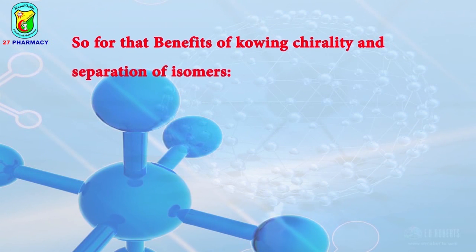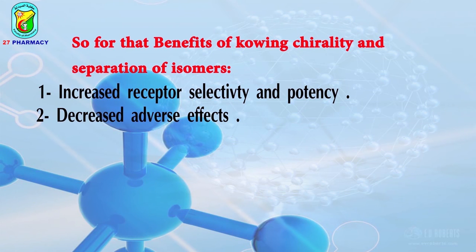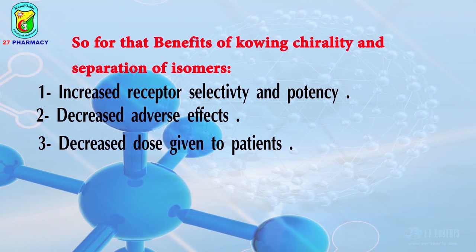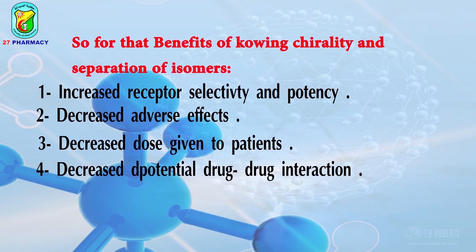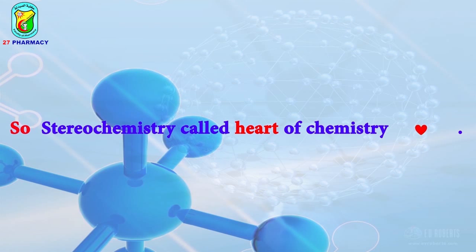The benefits of knowing chirality and separation of isomers are: increased receptor selectivity and potency, decreased adverse effects, decreased dose given to patients, decreased potential drug-drug interaction, increased safety margin, and high therapeutic index. So stereochemistry is called the heart of chemistry.